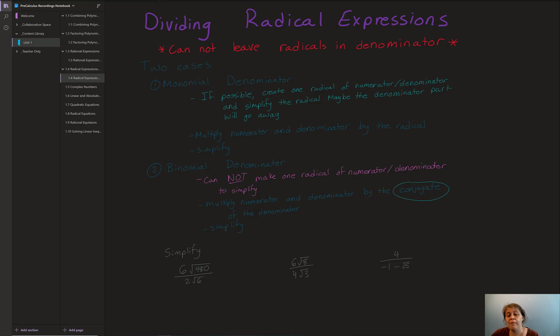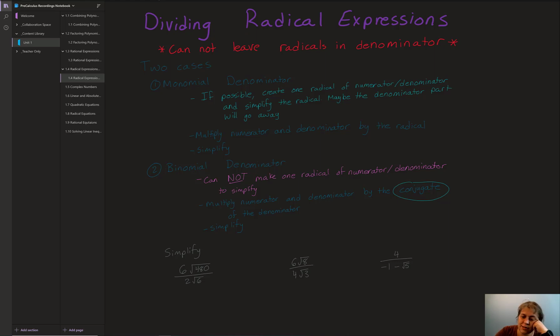Maybe you have a monomial as your denominator, meaning there's no pluses or minuses. If possible, create one radical of the numerator and denominator and simplify the radical. Maybe the denominator part will go away. Maybe you can just cancel things out.